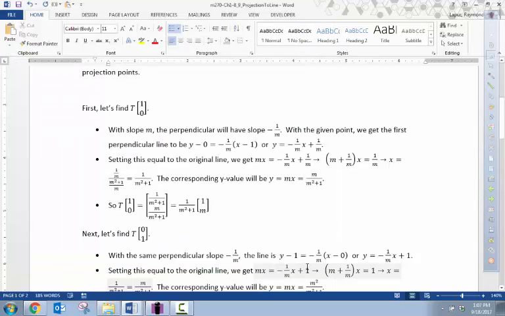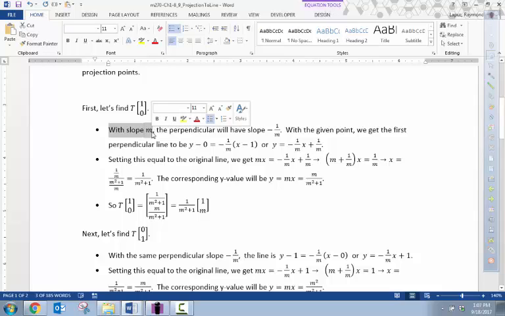All right. So the original line has slope m. So the perpendicular has to have the negative reciprocal slope. And then I made up an equation of the line passing through the point 1, 0, because that's what we want to know, where that 1, 0 goes to on that line. And then I found that the equation of that line is minus 1 over m times x plus 1 over m.